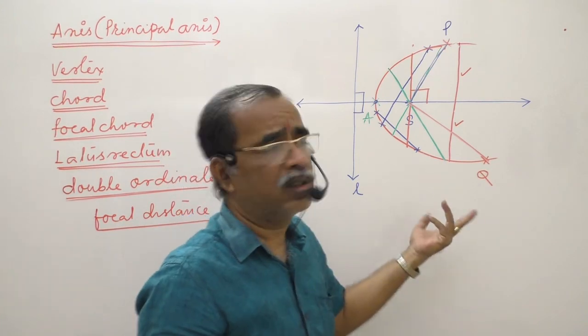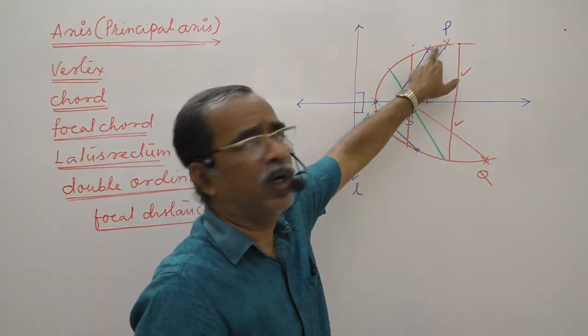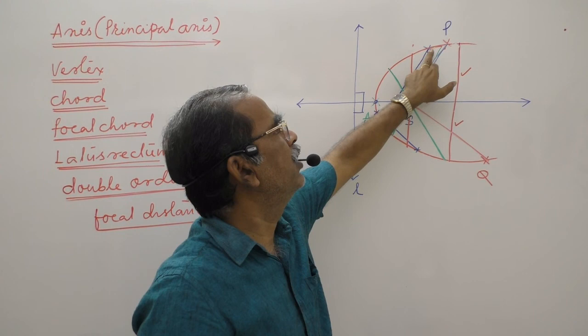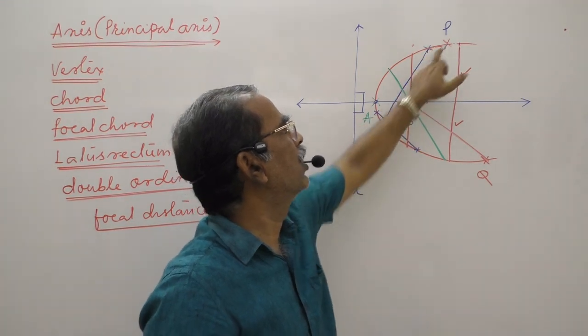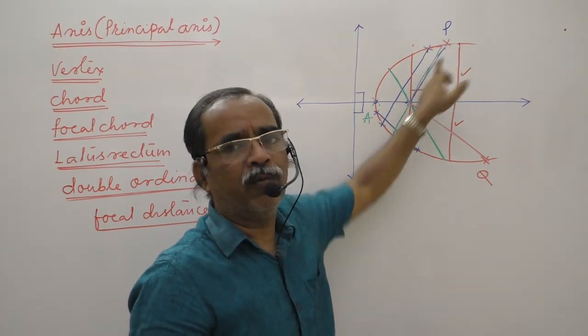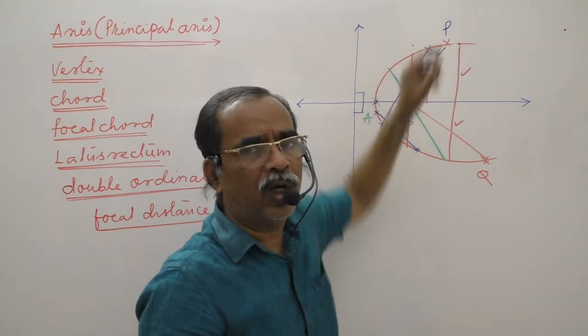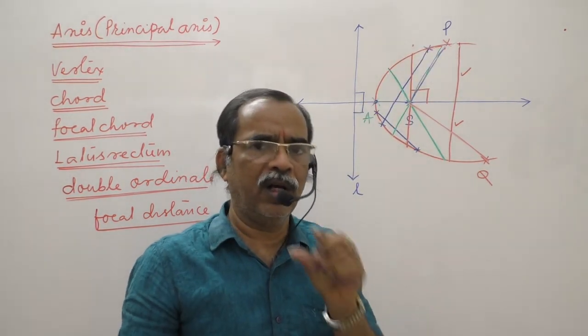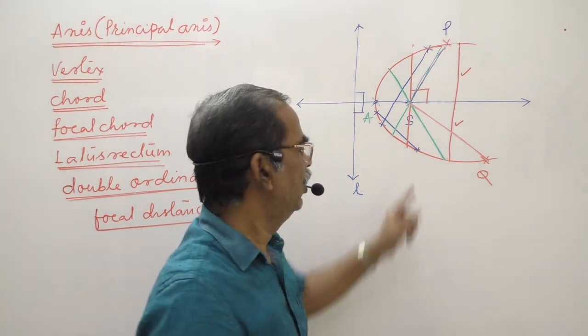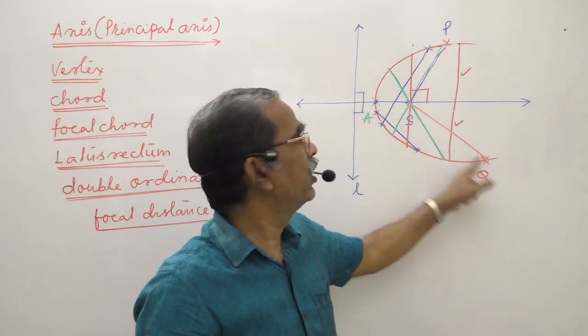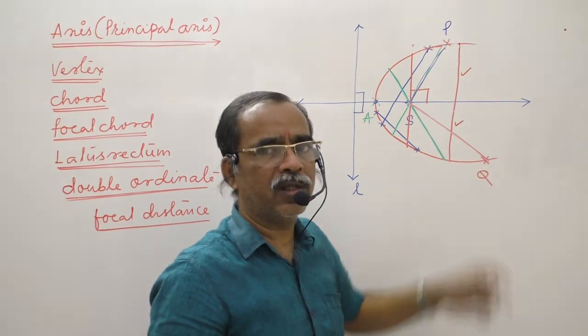If P is a point on the conic, then the distance of P from the focus is called the focal distance of this point. Focal distance will be defined for every point on the conic. This is also another point. Its focal distance is this length.